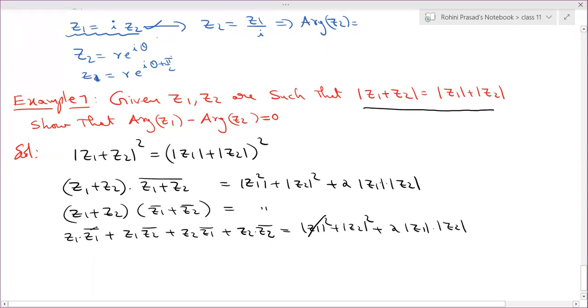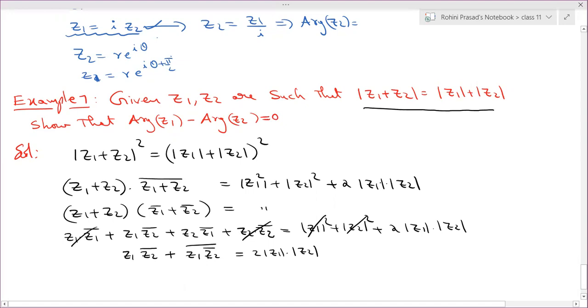So this and this get cancelled, and this gets cancelled. Now what remains is Z1 Z2 bar plus, if you take a bar of it, Z1 Z2 bar the whole bar, equal to 2 times mod Z1 into mod Z2.